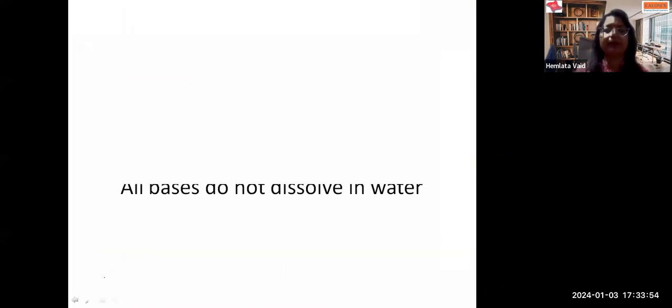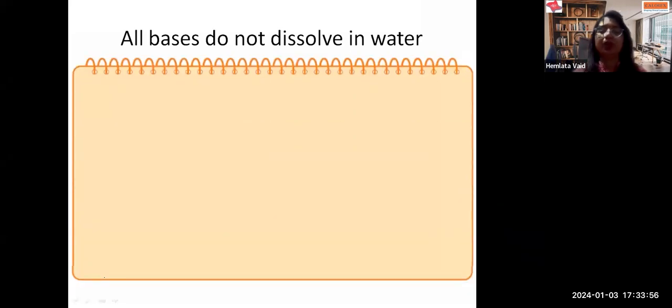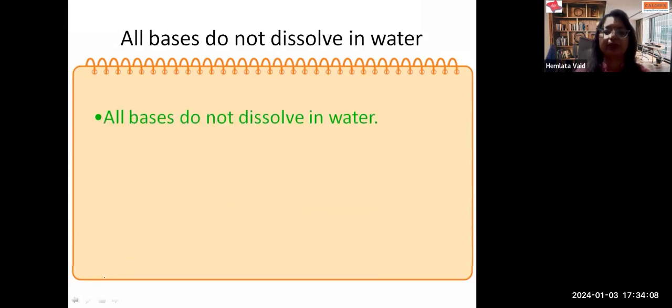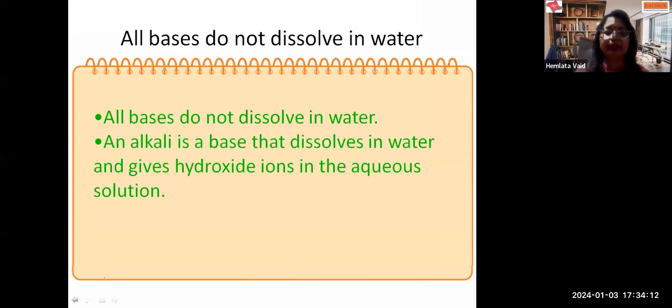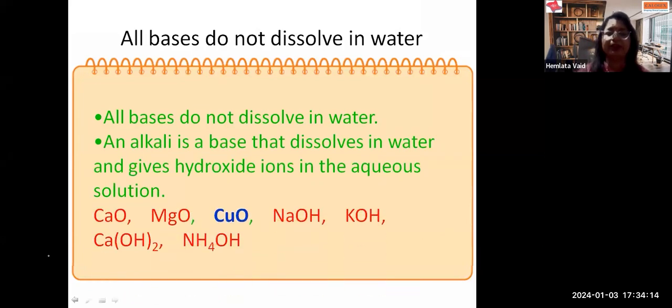All right. Now, all bases do not dissolve in water. We have several bases like sodium hydroxide, potassium hydroxide, calcium hydroxide, magnesium hydroxide. The ones which dissolve in water are called alkali. So here you have a list of bases like calcium oxide, magnesium oxide, copper oxide, sodium hydroxide, potassium hydroxide, calcium hydroxide, ammonium hydroxide.